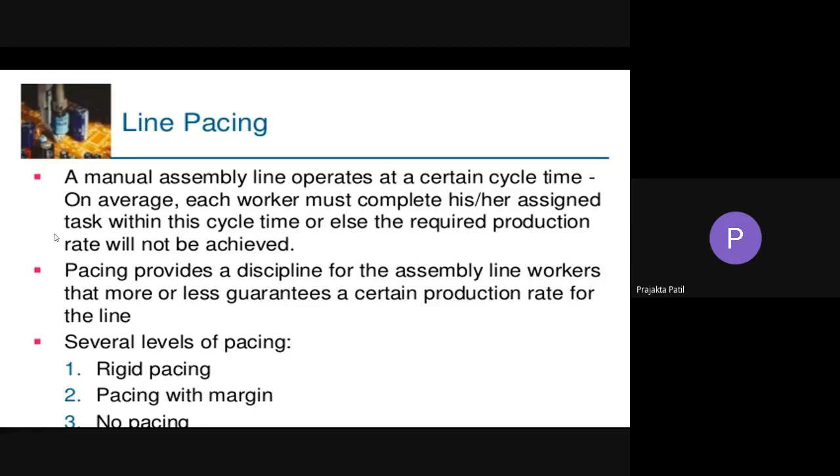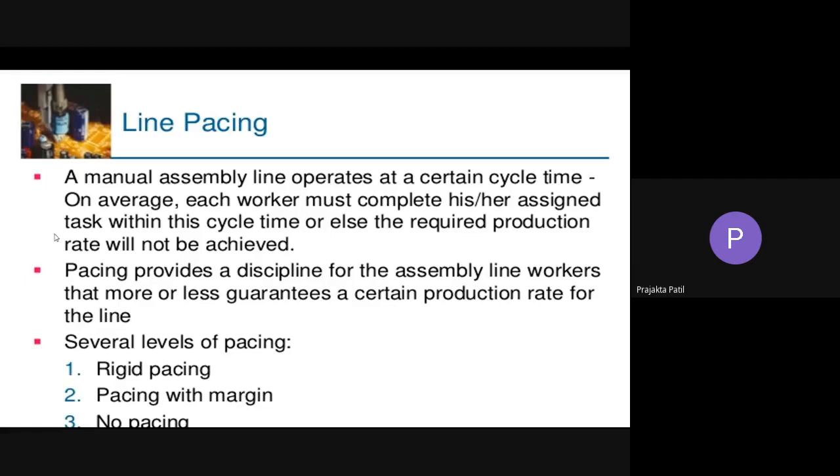So when it comes to production rate, we try to increase the production rate as much as possible. So by following a certain line pacing, and if these disciplines are followed on the assembly lines, then you can be sure that the production rate that has to be achieved will be achieved.